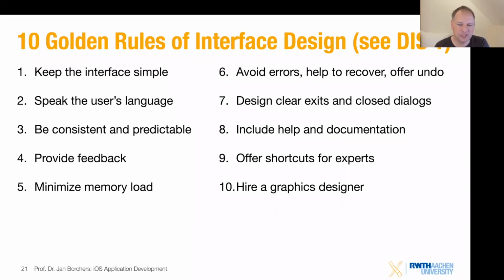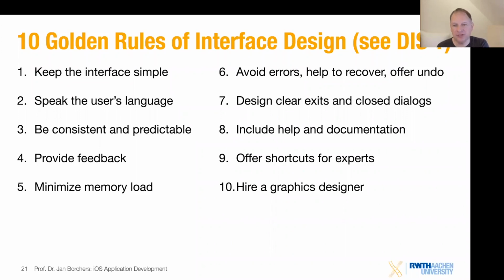Being consistent and predictable just means not to surprise people in ways that the application works that they didn't expect, and to use the same gestures or interface techniques for similar situations. And that's quite relevant for mobile, right? So don't invent your own multi-touch gestures if there are already established gestures that Apple, in this case, proposes for particular interactions like zooming or deleting an item.